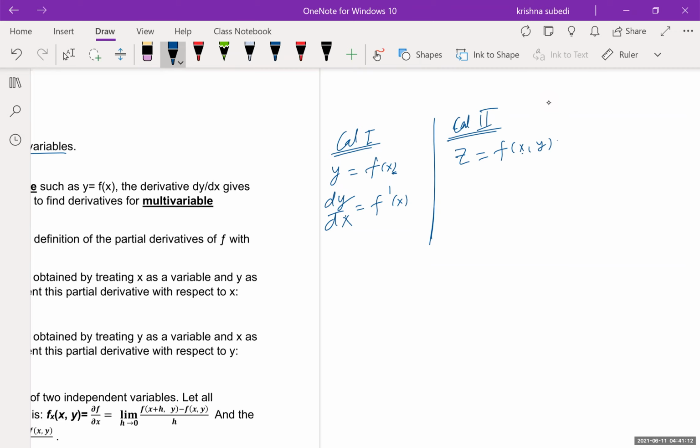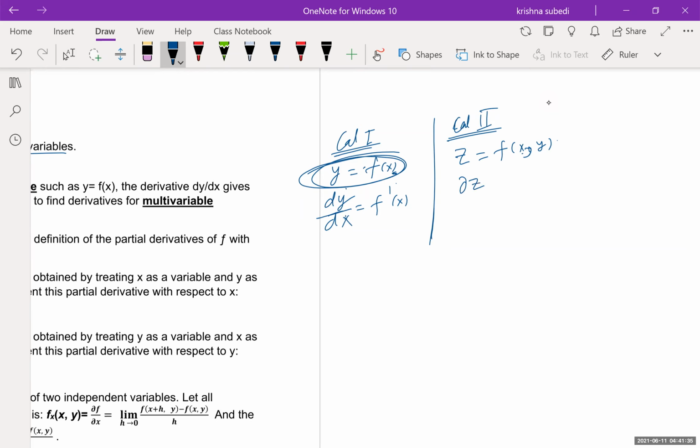Because there is only one variable in a function of one variable in calculus 1, you are able to find the derivative directly, dy over dx. That's a total derivative. But in this case, since there are two variables, you cannot find the derivative with respect to both of the variables at the same time. So we do one at a time.